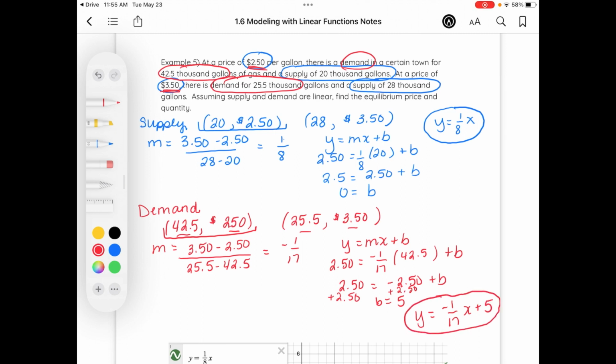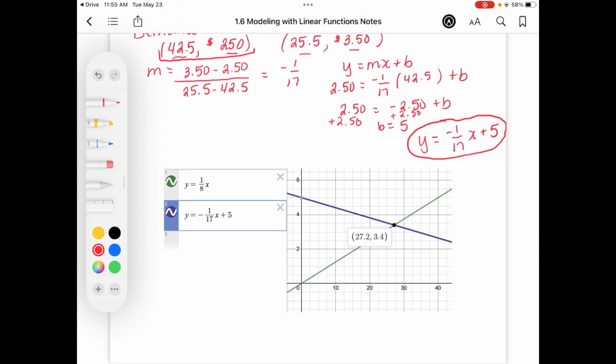So let's graph these and see where they are equivalent to one another. I have my two equations here. y equals 1/8 x, this was our supply. And we found our demand, which in this case is the purple line. I'll label them on the graph itself. And where they intersect is the equilibrium, where the two equations are equivalent to one another.